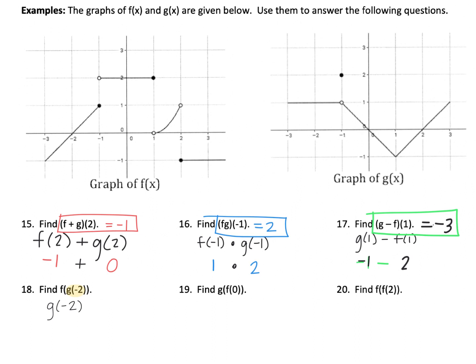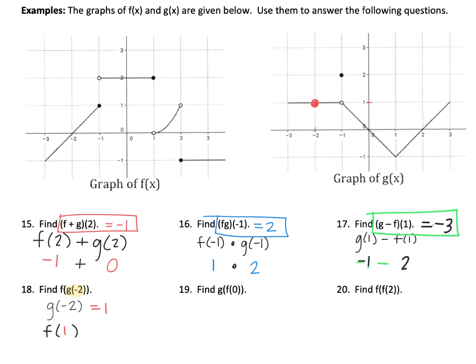Okay, again, I'll do it in red. So g of negative 2 is here, follow it to the graph, and you've got a little point here on that flat line, which has a y value of 1. So that is 1. But because it's f of g of negative 2, now you're going to take that 1 and plug it back in. So now I take 1, I'm saying, okay, now plug that into f.